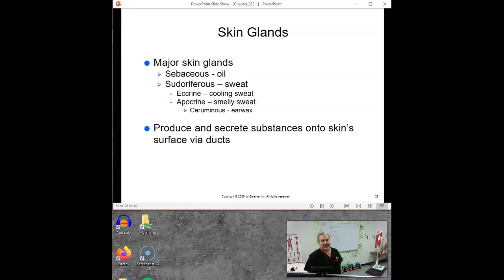Sudoriferous glands are sweat glands, and you've got eccrine and apocrine glands. Eccrine are the ones you think about that cool you down, that you have everywhere. Most people sweat, even on a cool day, about a half a pint of water every day, even if they're not exercising.